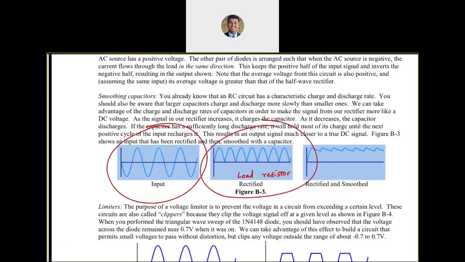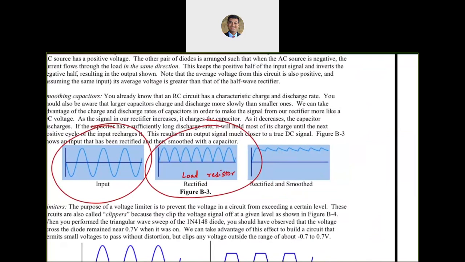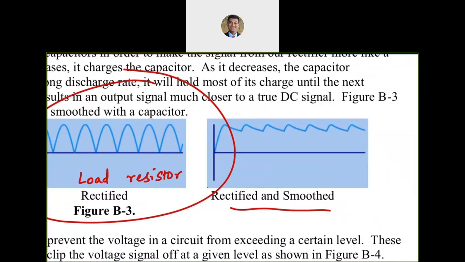And then if I use this to charge my smoothing capacitor, then I will get a rectified and smoothed out voltage. Now, this is going to be much better than the previous configuration of the half-wave rectifier. The reason is, earlier the distance between that and that was 1 millisecond for a voltage source of frequency 1 kilohertz.